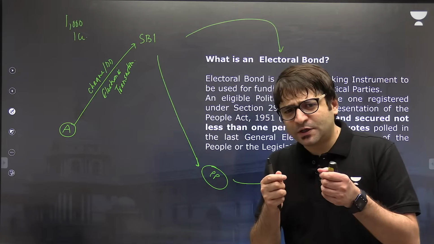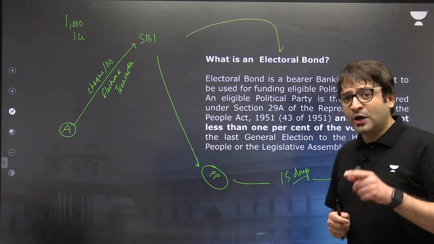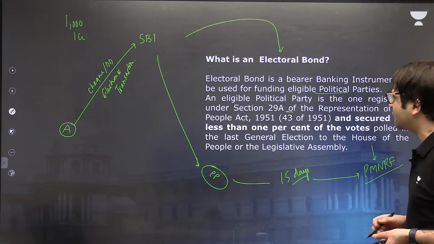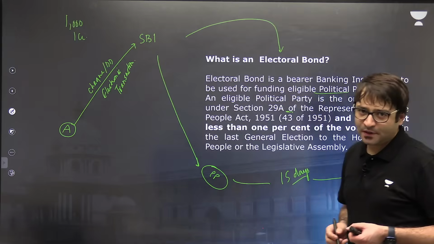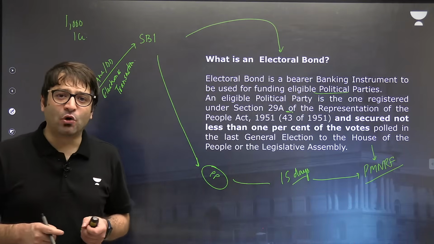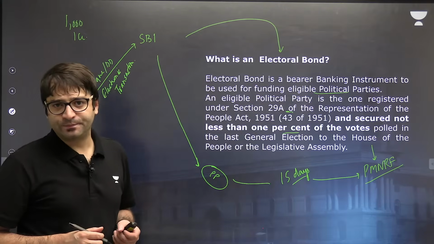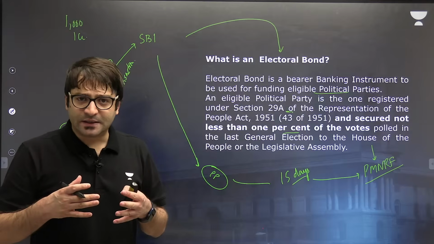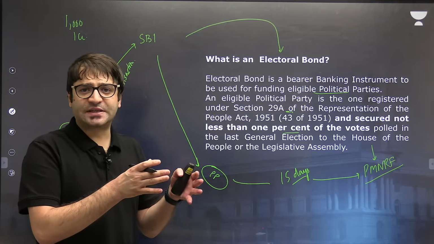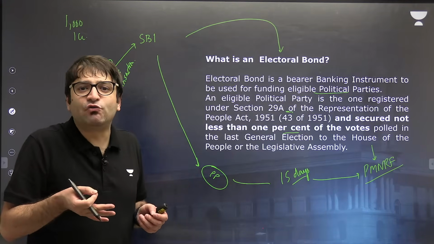But can every political party raise money through electoral bonds? No. Only those political parties which are registered under Section 29A of the Representation of the People Act, and which have polled not less than 1% of the total votes. Suppose I have a political party and I contested Lok Sabha or Legislative Assembly elections, but in these elections I polled less than 1% of the votes.